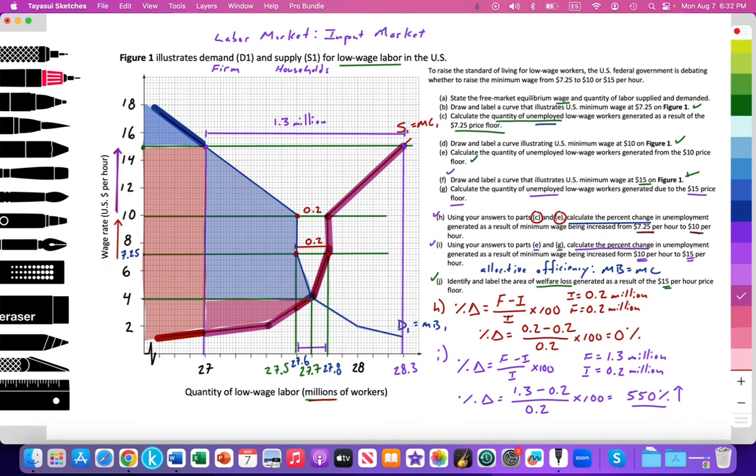I can label that areas A, B, C, D, E, and F, small area F here.